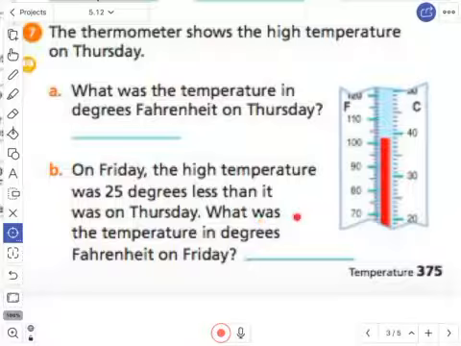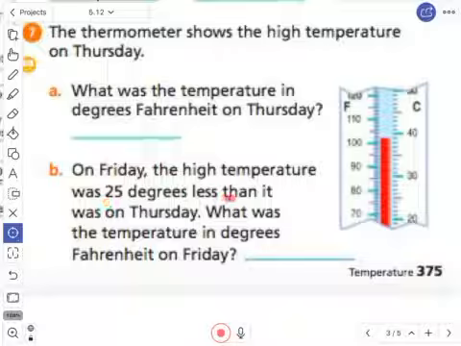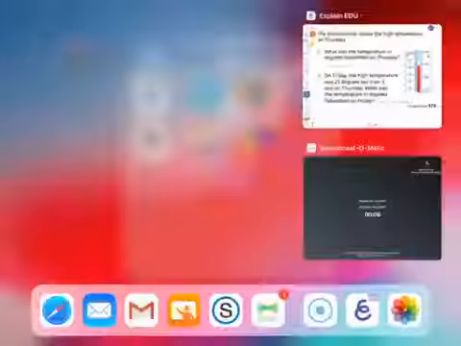What was the temperature in degrees Fahrenheit on Friday? Interesting. So this was Thursday, but on Friday, the high temperature was 25 degrees less. So if this is Thursday, Friday is 25 degrees less than Thursday. What's that temperature? Okay, come back to check your thinking and answers.